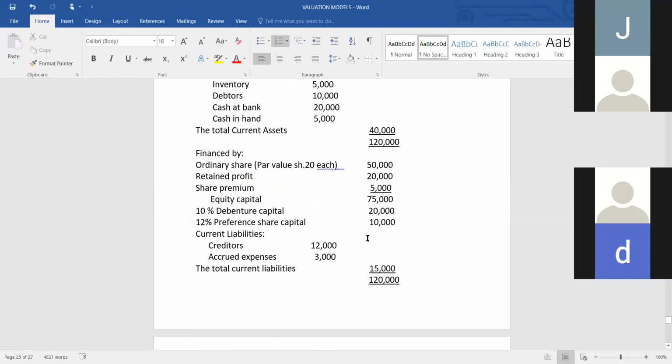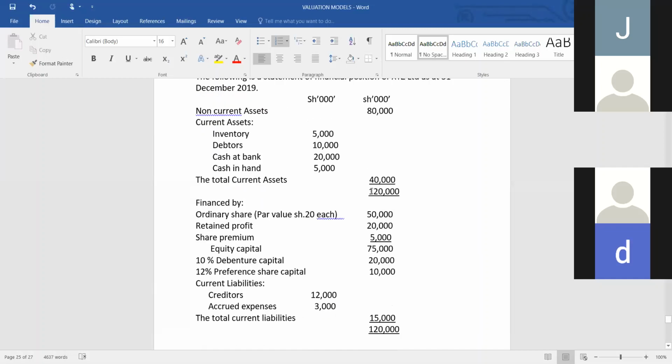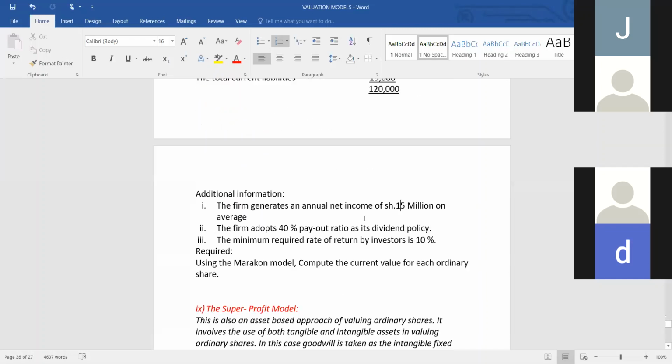How much is the book value per share? 30. Return on equity? 20. Growth rate? 12%.